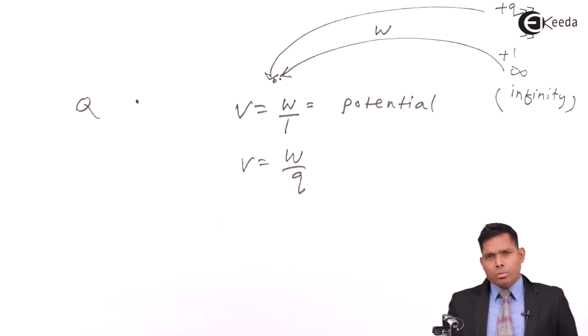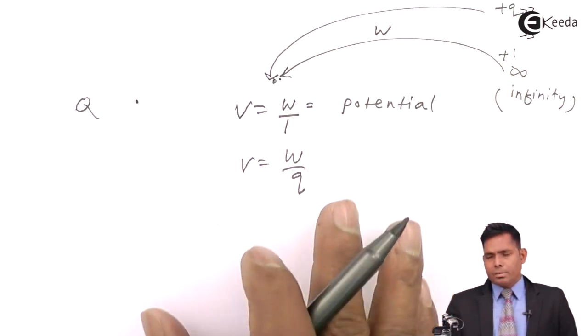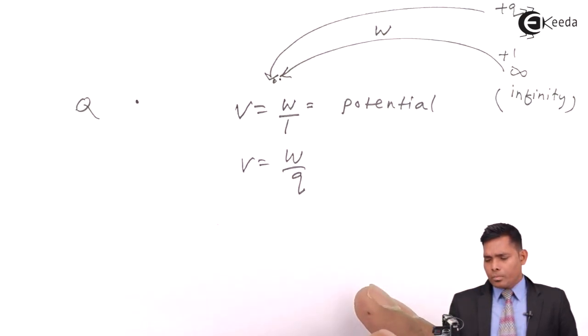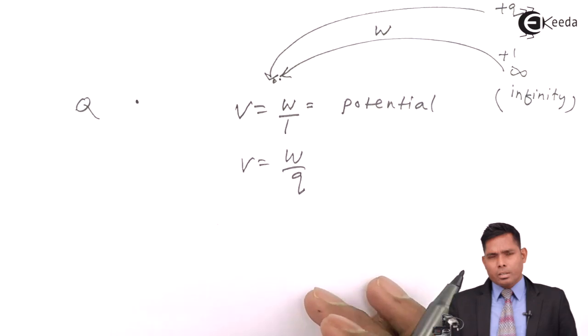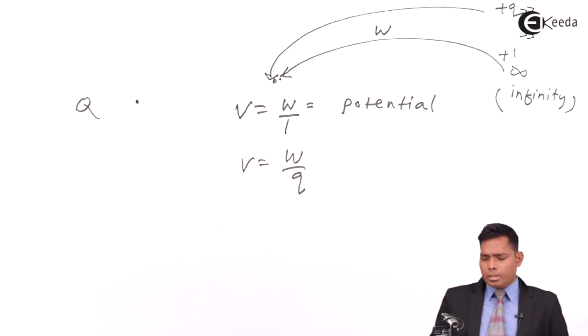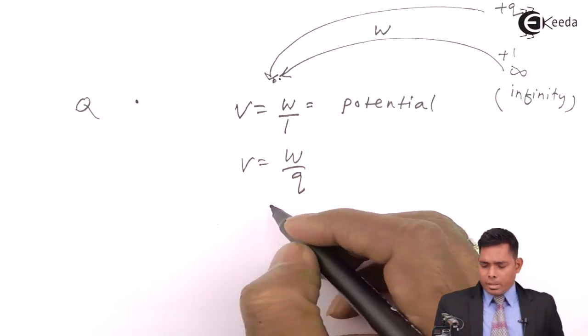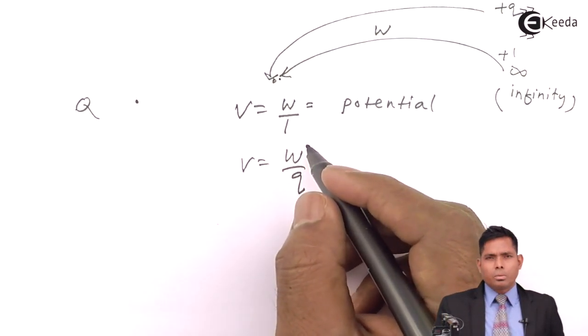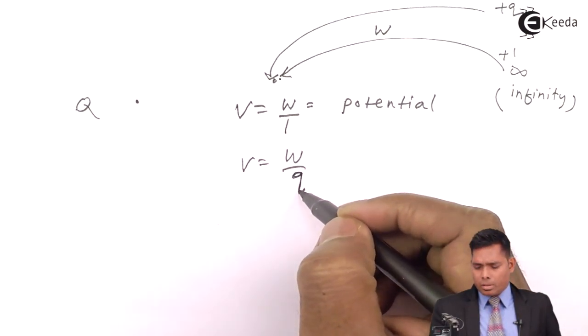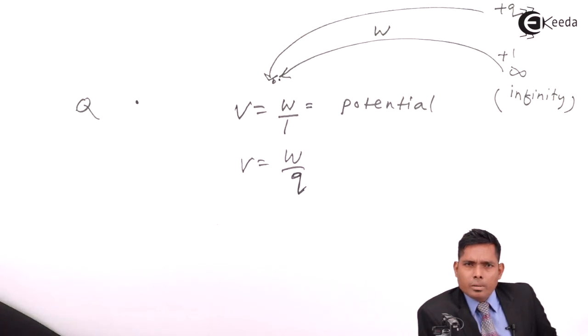And you must also notice that the work done is path independent because it depends only on the initial and final points, because these are conservative forces. We'll discuss that in more detail in the electrostatics chapter. But for the time being, we only want to know the potential. What is electric potential? Electric potential is work done per unit charge.